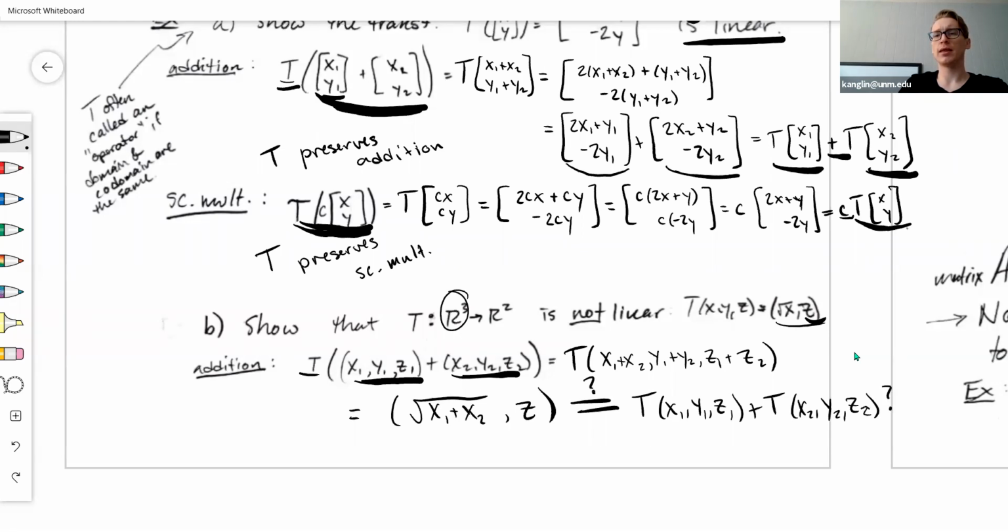Right? We're asking, is this equal? Well, you can figure out what this side equals. This is really the square root of x1 followed by z1, plus, make some space for myself here, the square root of x2, z2. And when you add these, see what you get.